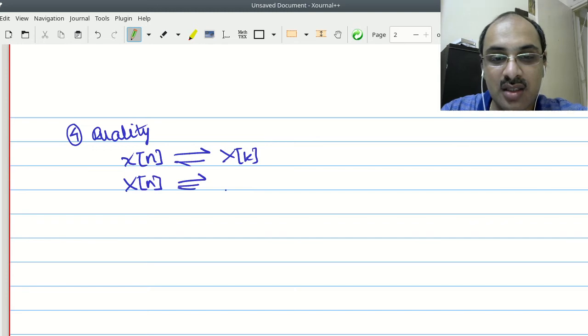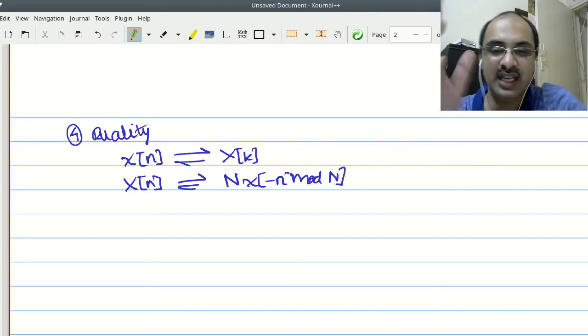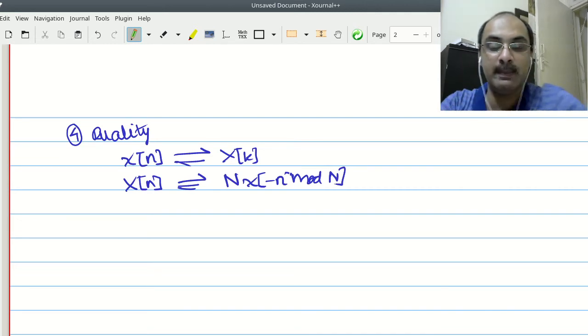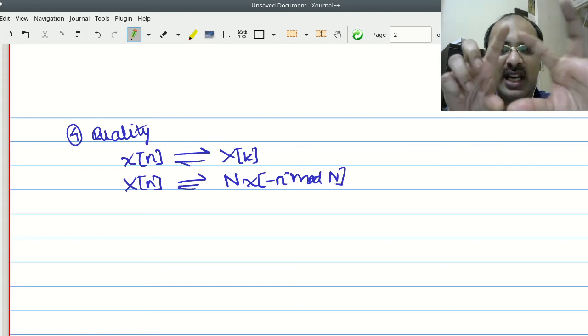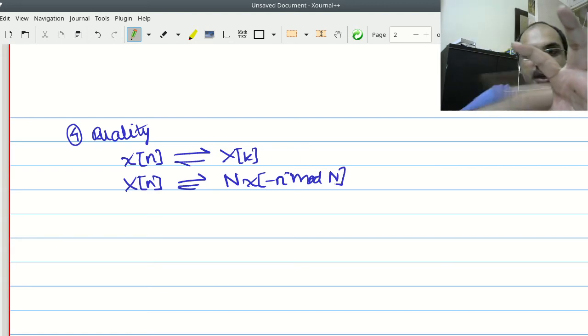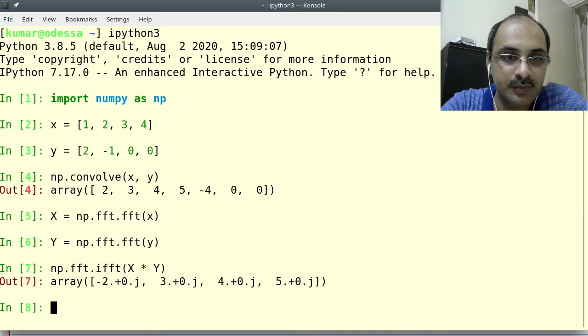It turns out that it will be capital N multiplied by x[-n modulo N]. Okay, this is what you get. So this is actually a very interesting result. Minus n modulo N means it's actually the reversal, but remember the zeroth element remains where it is. The other elements become reversed. I think it's best explained by an example.